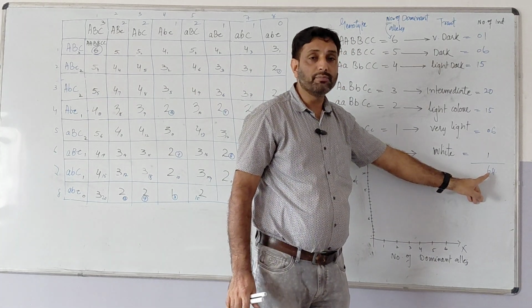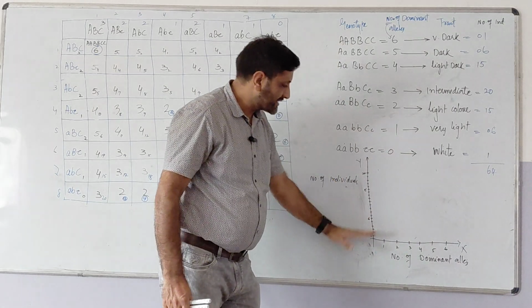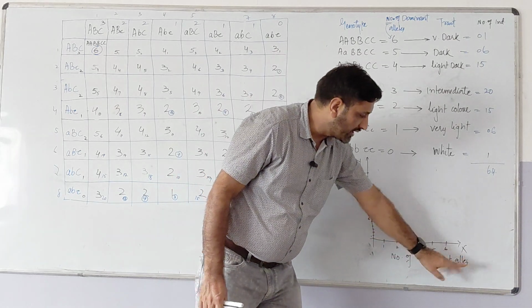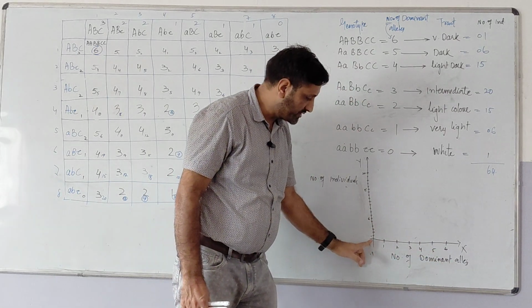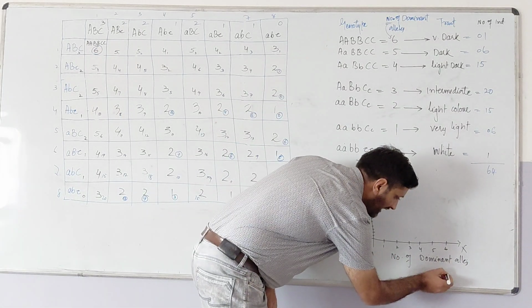If we take a graph of these 64 individuals with x-axis and y-axis, in the x-axis we will have the number of dominant alleles. It's increasing from this point to this point. It will be increasing, so let me take an arrow like this.